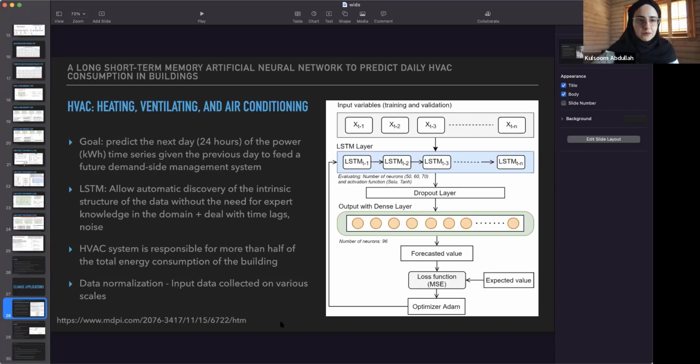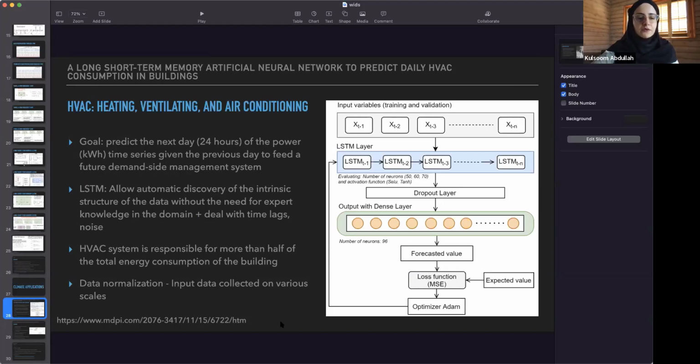The paper goes into more detail about why that would be useful in the domain. I won't go so much into that, but I would encourage you to read the paper if that's of interest. I know a lot of you with the domain knowledge will know why this is very helpful.